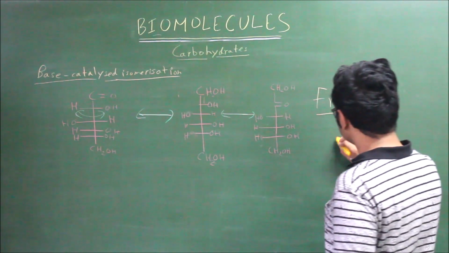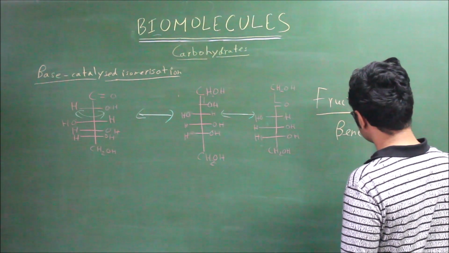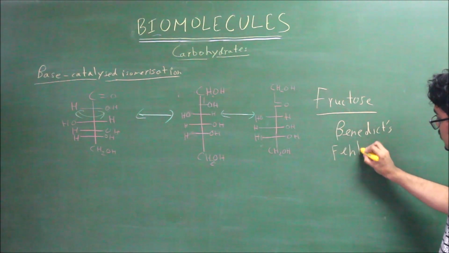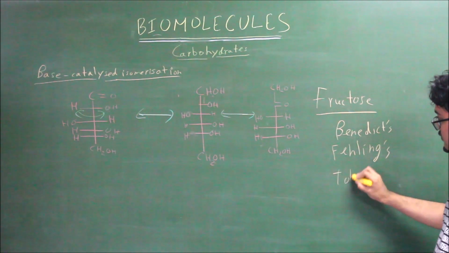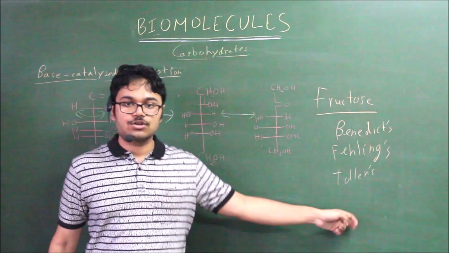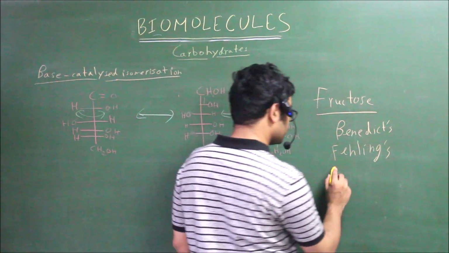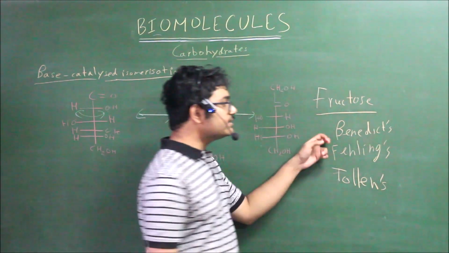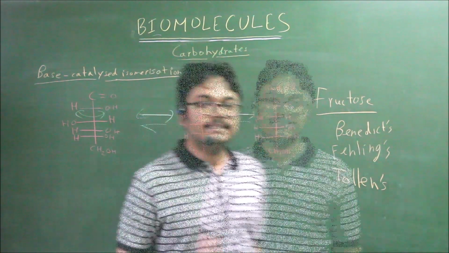So, if I look at Benedict's test or Fehling's test or for that matter Tollens' test, because all these three tests occur in basic media, some of the fructose via this will turn into glucose.